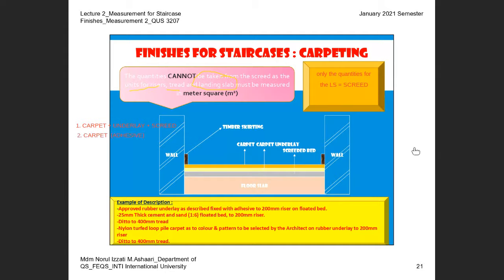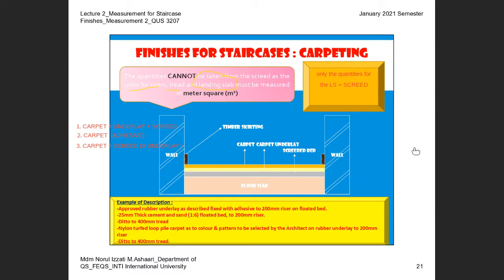The other design is carpet without underlay, where you only have carpet and the screed. Why? Because sometimes the carpet is fixed with the underlay together, then underlay is written in the description. Or else we also have the design of carpet only, put directly on the screeded bed.